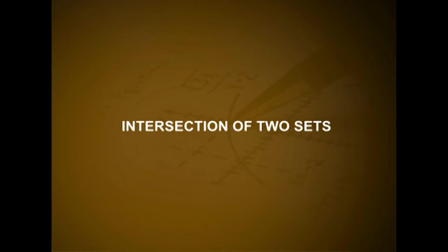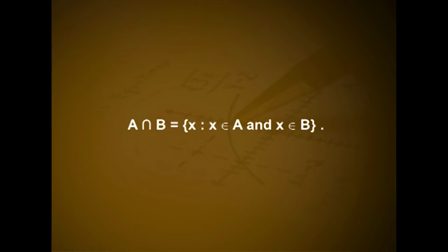Next is the intersection of two sets. For the sets A and B, the intersection A ∩ B is the set of all elements belonging to both A and B. That is, A ∩ B equals the set of all x such that x belongs to A and x belongs to B. The shaded portion represents the intersection of the sets A and B. Next is complement.